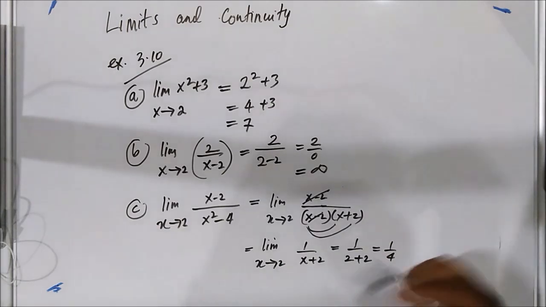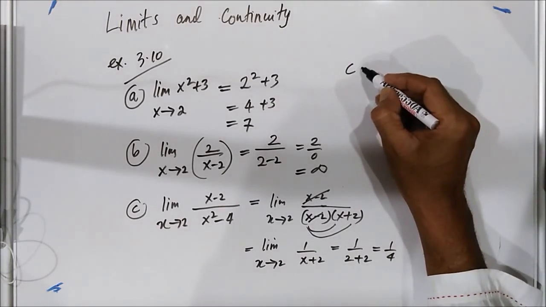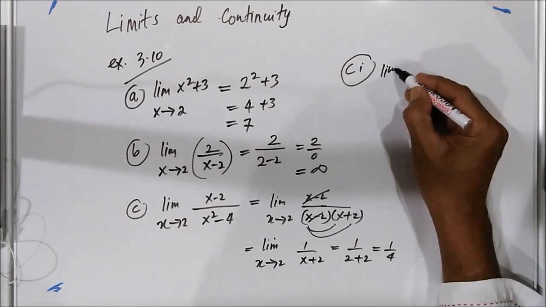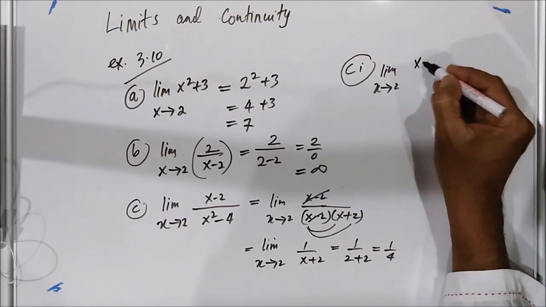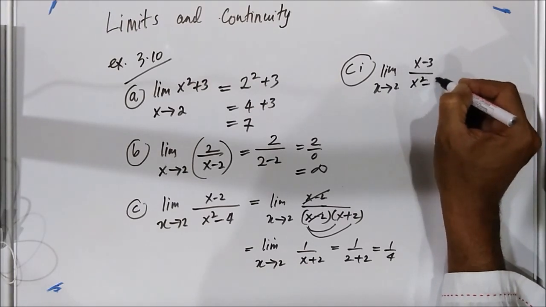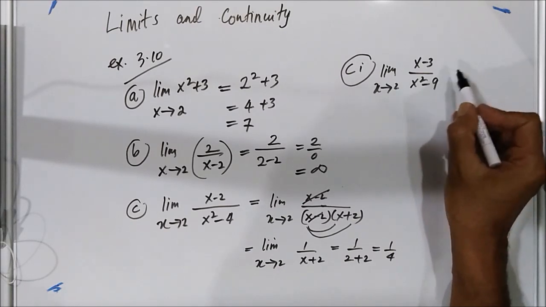Let's say I have one more example. Let's say example C1. I have the limit as x approaches 2 of, for example, x minus 3 over x squared minus 9.